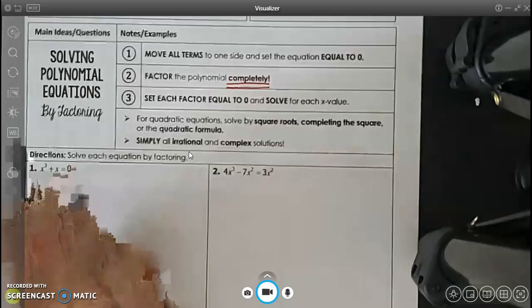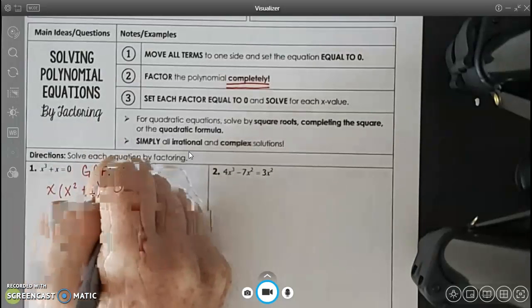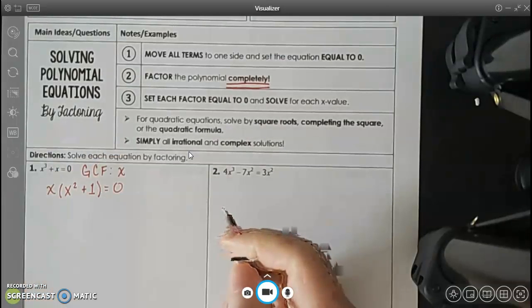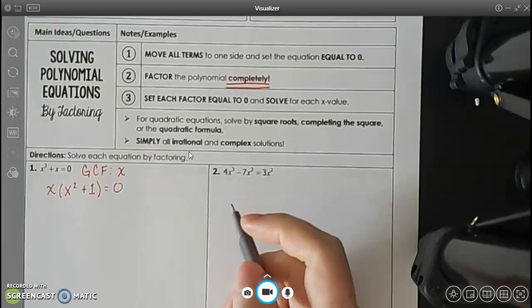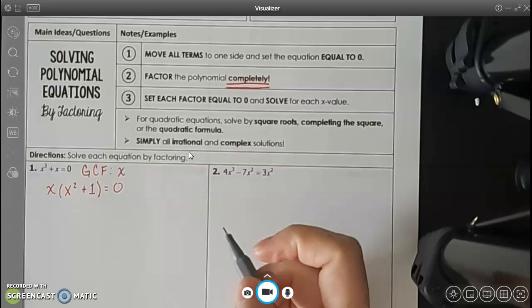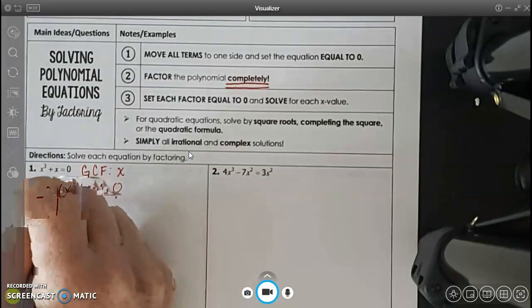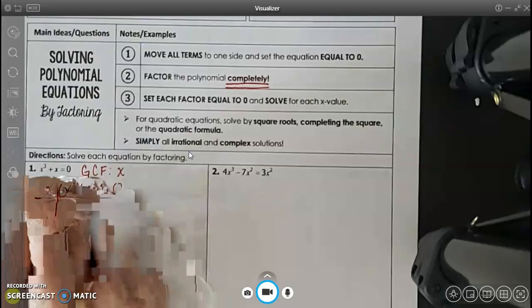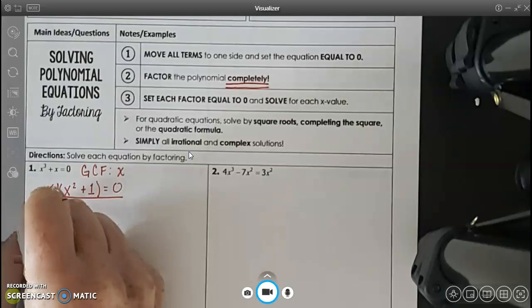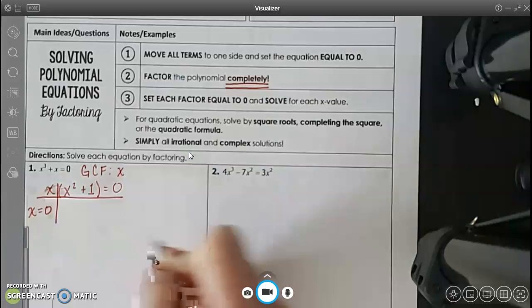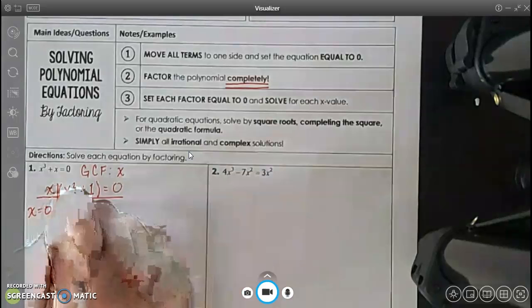Okay, so we're going to take each of those factors and set each one equal to 0. So we have x is equal to 0 and x squared plus 1 is equal to 0. X equals 0, there's really nothing else to do with that. So one of our solutions is 0.